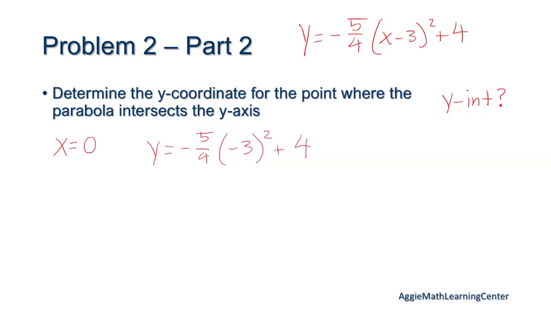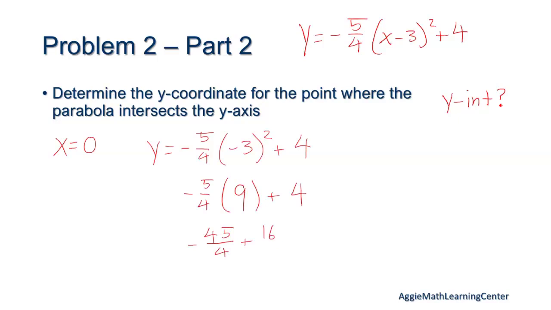So we just basically took that x out, made it into a 0. Negative 3 squared is 9 times negative 5/4 plus 4.